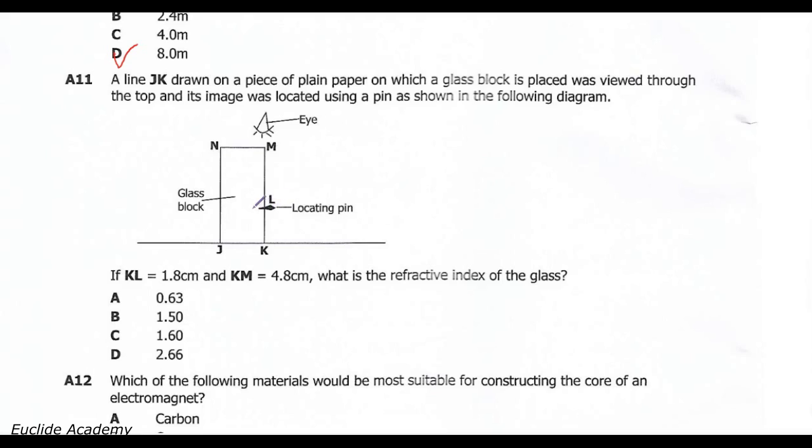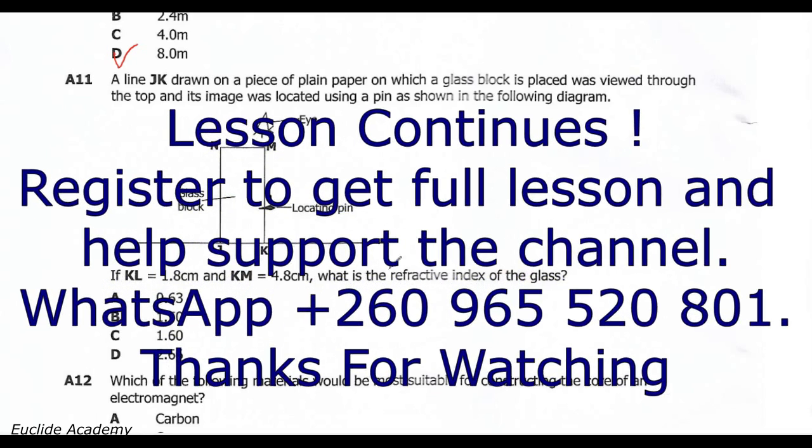So this is where the image was located, and then we want to find the refractive index of the glass. So we're going to use the distance KL and the distance KM, that is the distance of the image and the distance of the object, to find the refractive index.